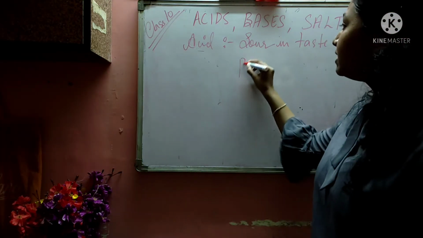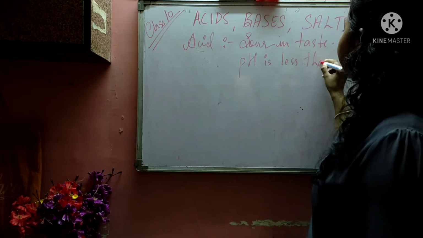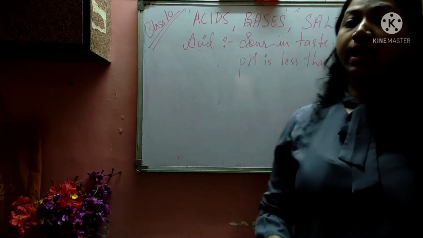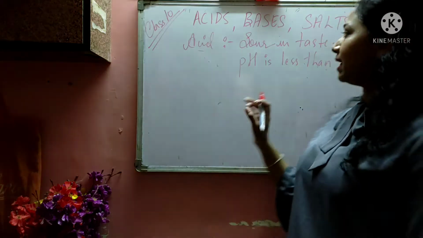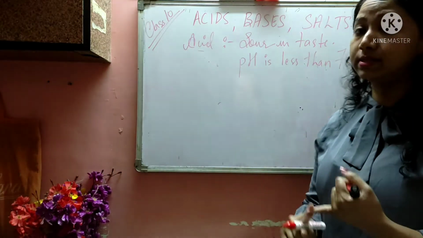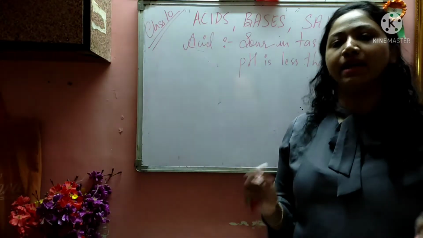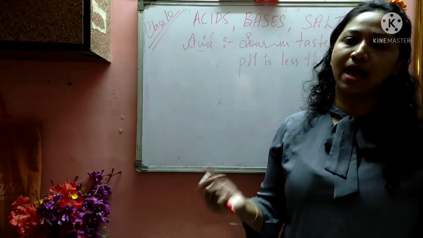And if its pH is less than 7, then that particular substance is said to be acid. First thing, it would be sour in taste. The pH is less than 7, then that particular solution is said to be acid.